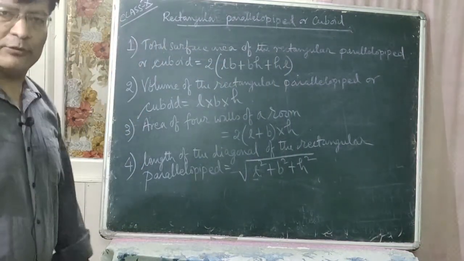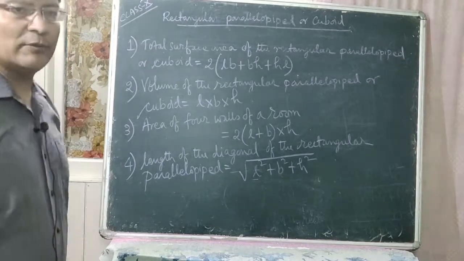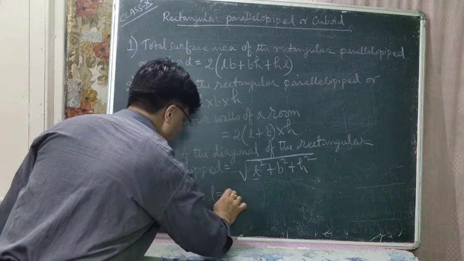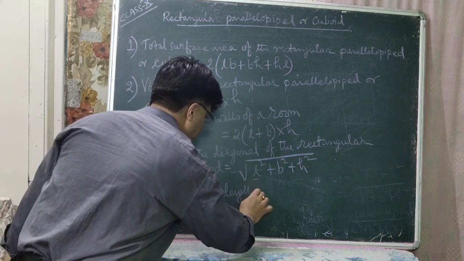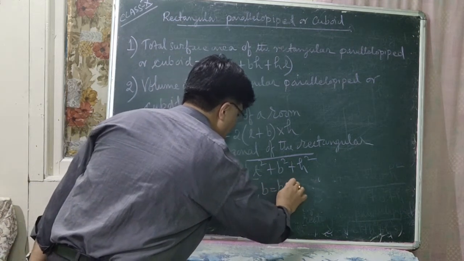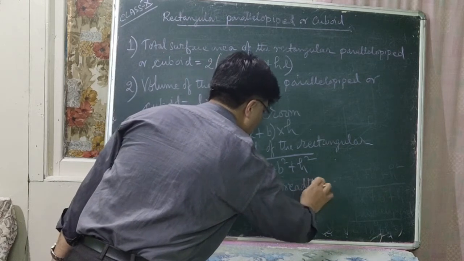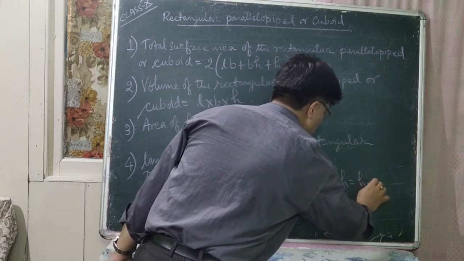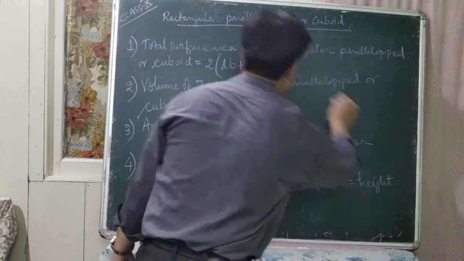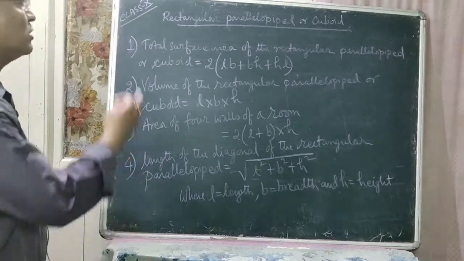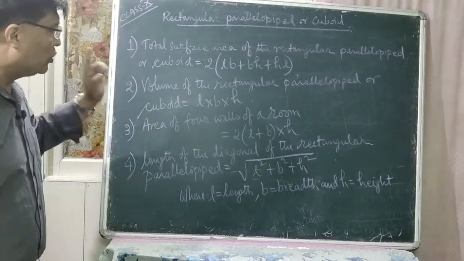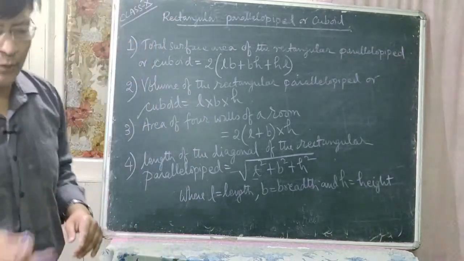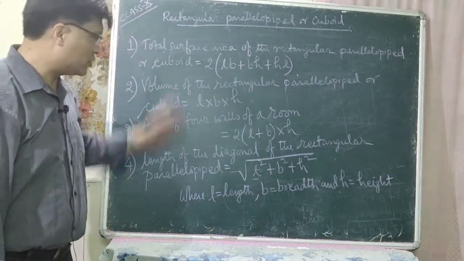So these are the formulas that you should know. So तिमीले यो याद गर्नुपर्छ है. So where L is equal to length, B is equal to breadth, and H is equal to height of the rectangular parallelepiped or cuboid. So you can copy it. So यो formula चाहिँ तिमीले राम्रोसँग याद गर्ने, यो याद गरेपछि you can do problems from the book. Okay, so you can copy it.